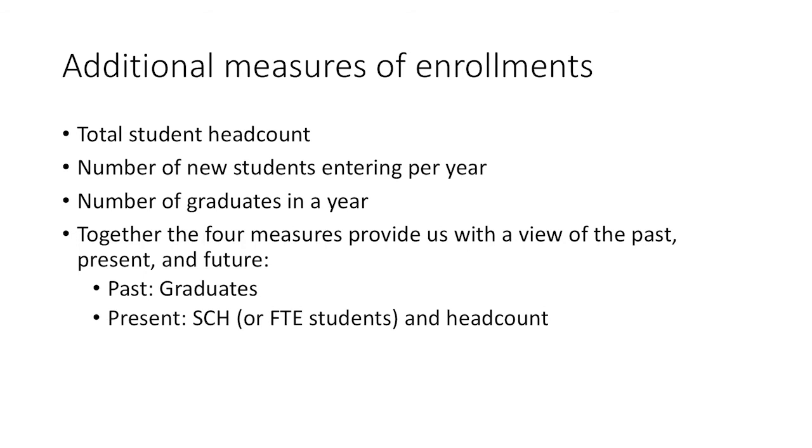A present measure of productivity is FTE students and head count. And a future measure of productivity, or a measure that points towards the future, is the number of students that enter into a program in a given year. Most commonly, when I talk about academic productivity, I try to talk about all four of those measures because they give a really holistic view of how many students we are impacting through a particular program or college or university.